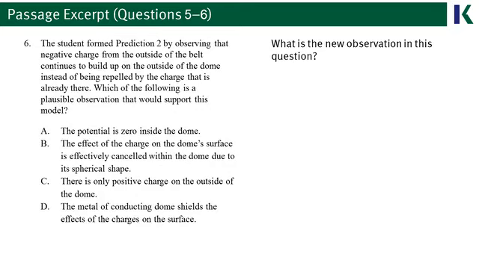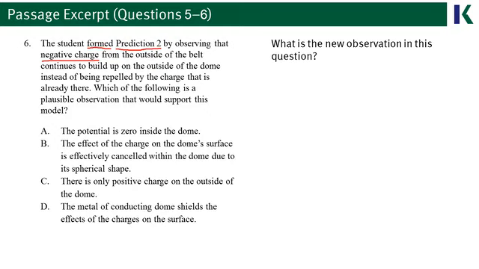So we've seen an observation weaken a prediction. Now let's see observations that strengthen predictions, specifically prediction 2. This question tells us the observation that made the student form prediction 2 in the first place. The student saw that the negative charge on the dome keeps going higher and higher.